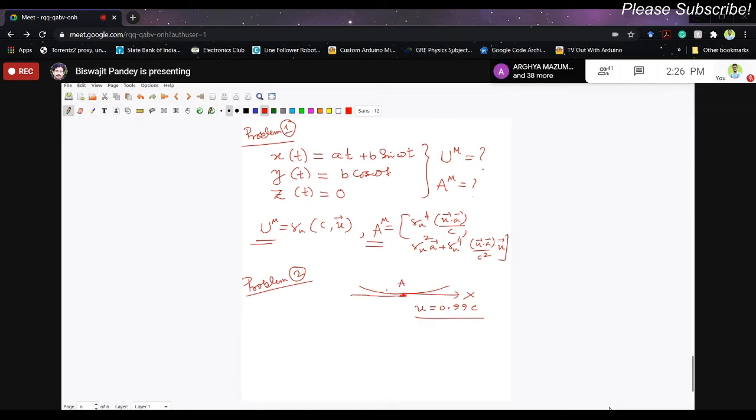Clearly you can see the velocity and acceleration need not be parallel, or it can have other components as well. It's two dimensions, so x and y are there, since there is a curvature of the trajectory here.